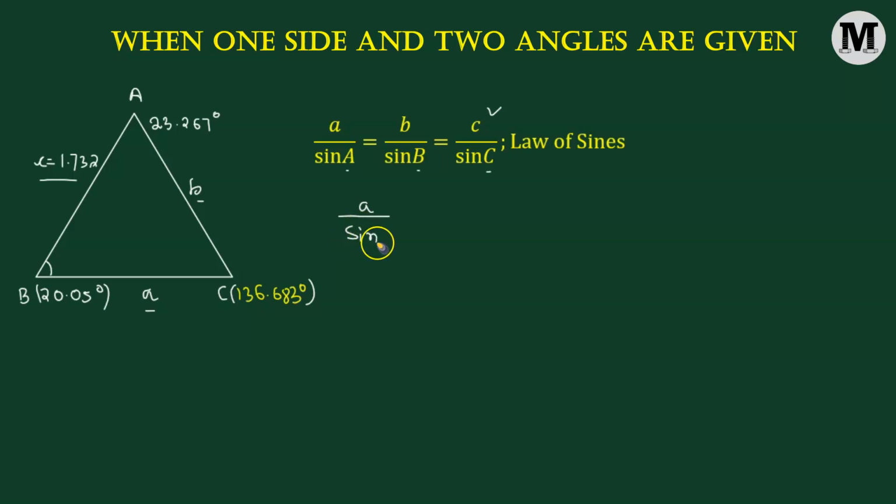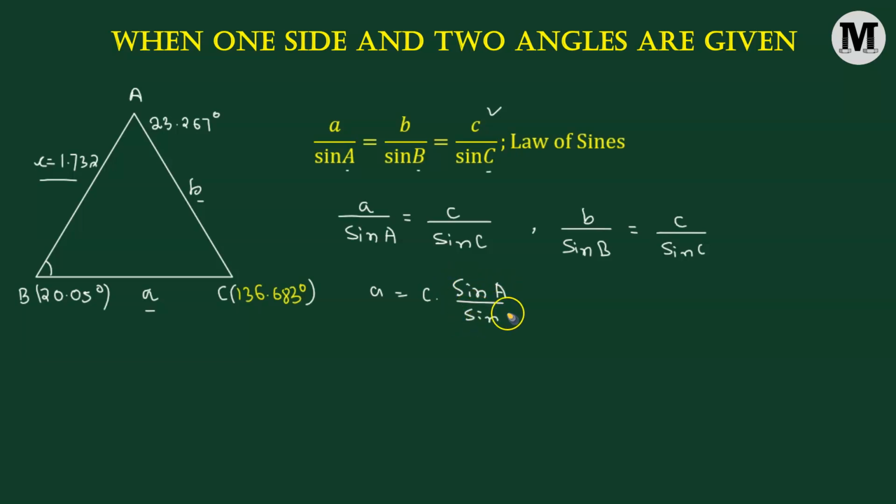We have a over sine of angle A equals c over sine of angle C, and b over sine of angle B equals c over sine of angle C. So a equals c times sine of angle A over sine of angle C, and b equals c times sine of angle B over sine of angle C.